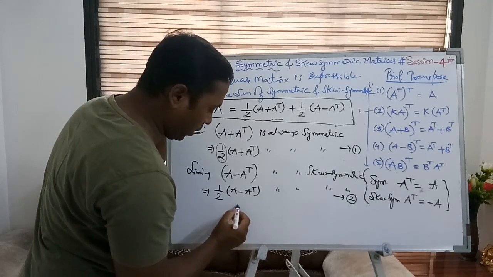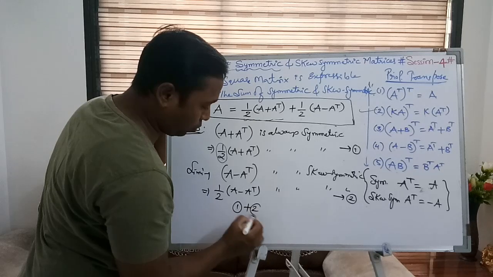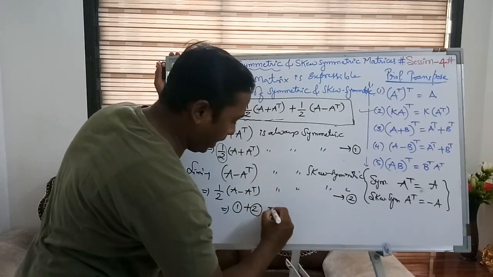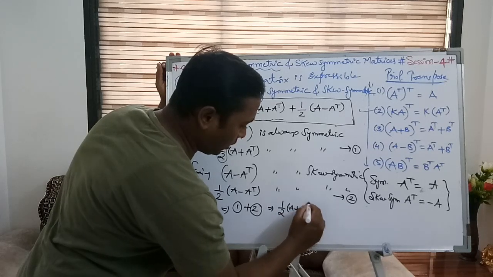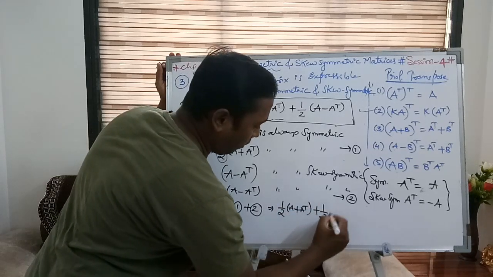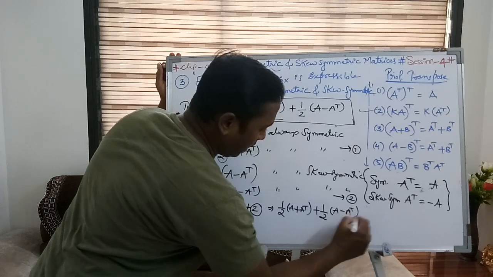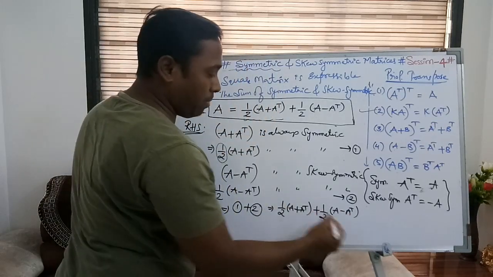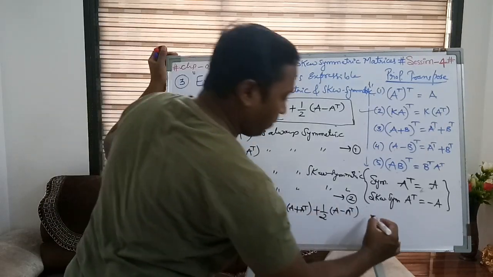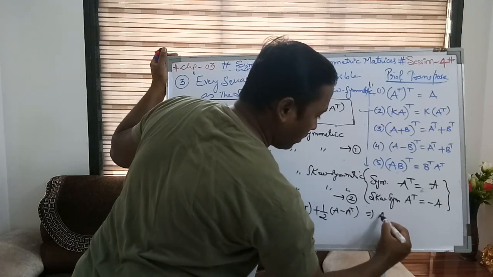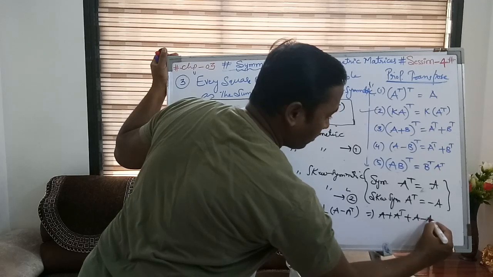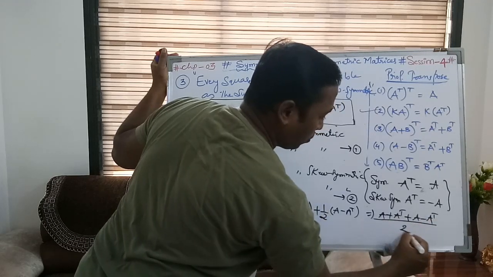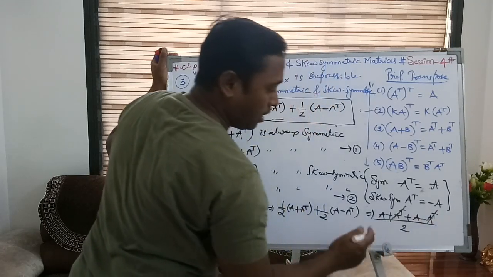Now just by adding 1 and 2, if I am adding half of A plus A transpose plus half of A minus A transpose, simply by taking an LCM here, you will say that A plus A transpose plus A minus A transpose, by 2. These two get cancelled.